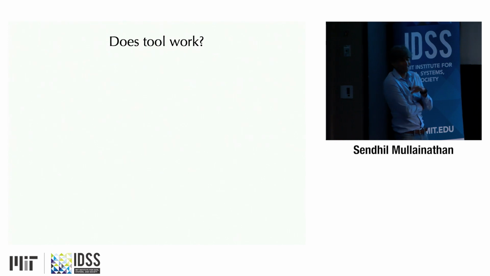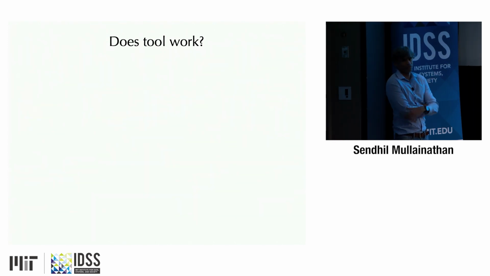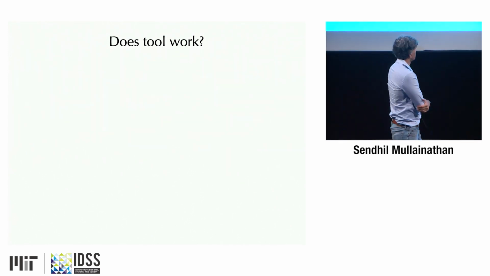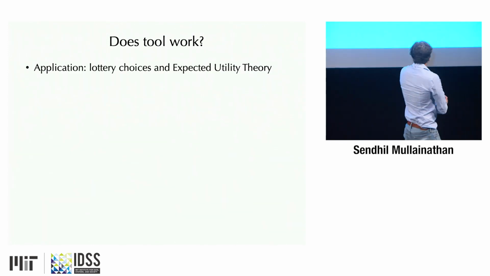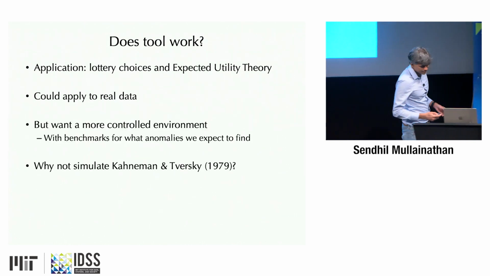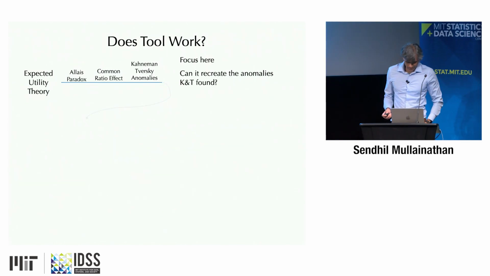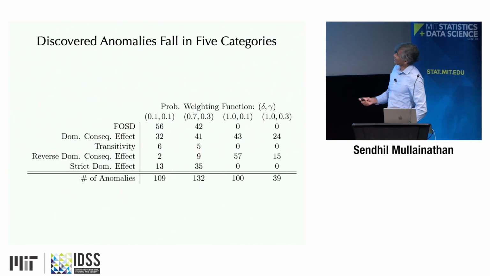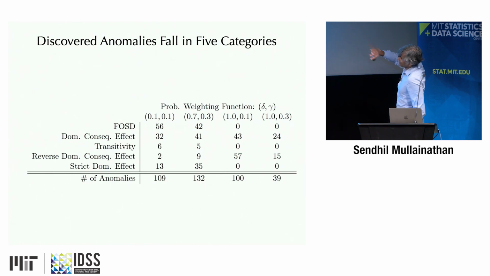So when we take real data on actual choices, just some sample of choices, build a predictive model of how people choose in lotteries, and then put it through this procedure where you contrast expected utility theory with these choices, what you get is, I'll skip this, you get these discovered anomalies that fall into these 5 categories.